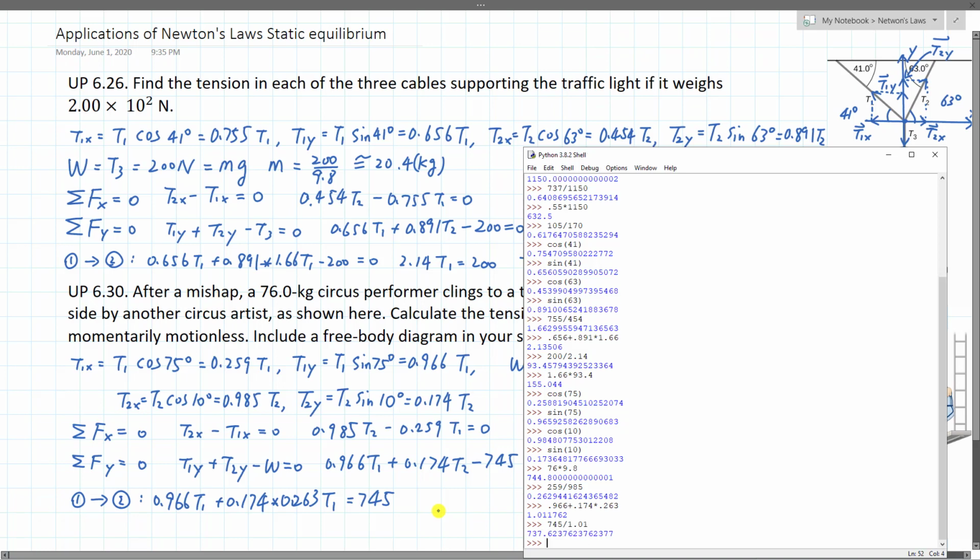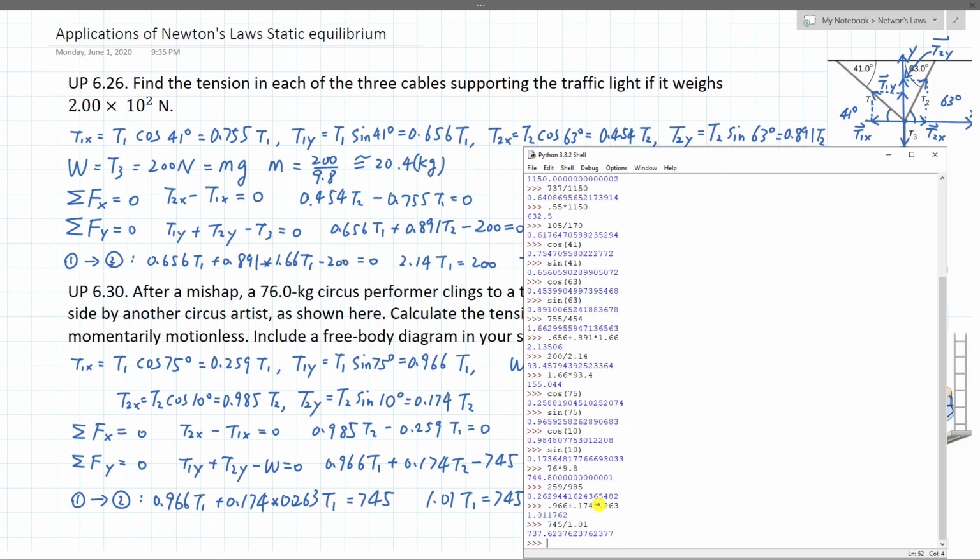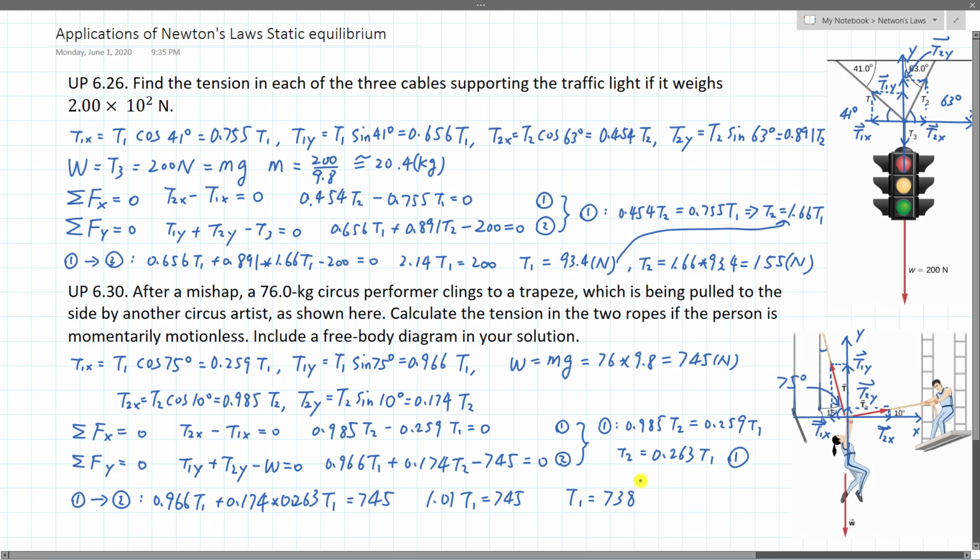So 738. So here's 1.01 T1 equals 745. So T1 is 738 newtons.